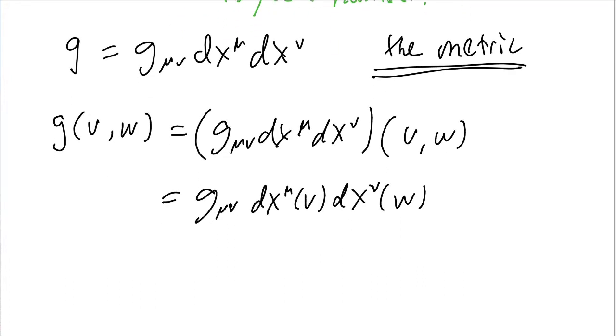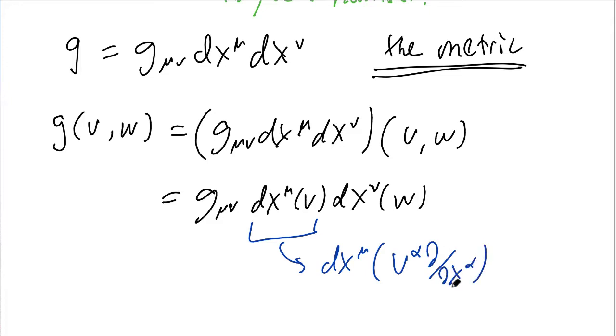Now we know how these basis covectors act on the vectors. Just to remind you, we can write this vector as v, let me choose a unique index, say alpha, d by dx alpha. That's just v alpha. Then dx mu acting on d by dx alpha is just the Kronecker delta.